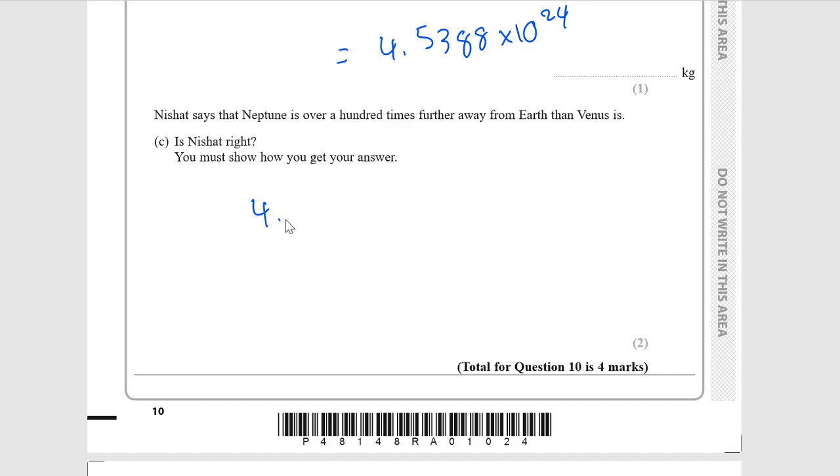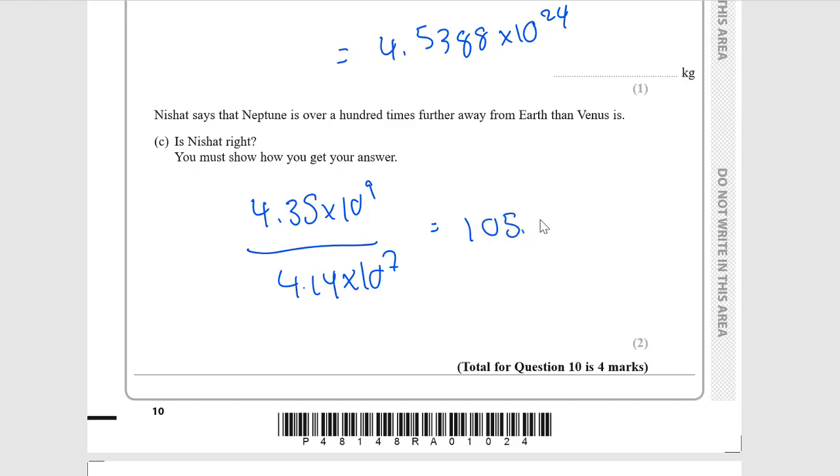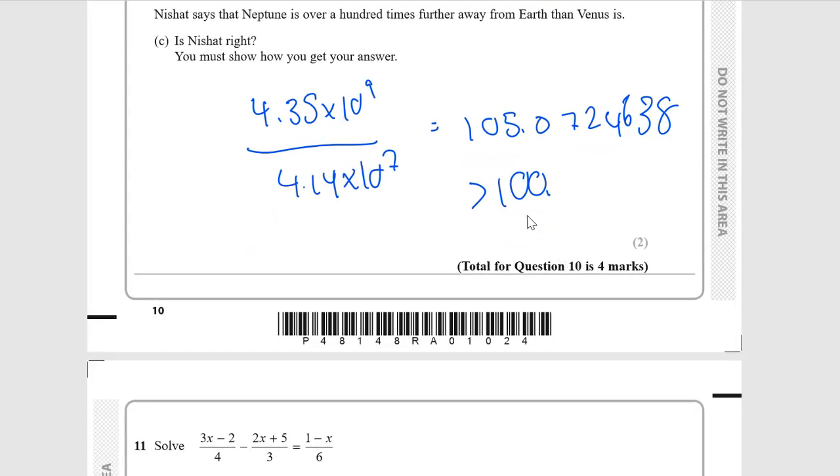So we can divide those numbers. Using a calculator, we get 105.0724638. So of course that means that this is greater than 100, so it is 100 times further away.